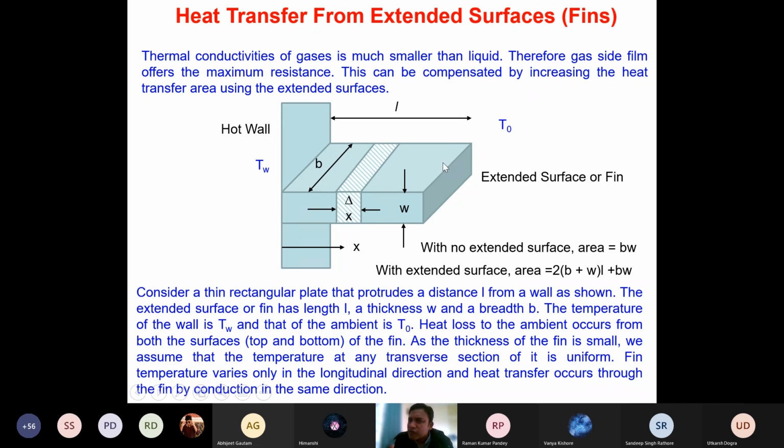That will be the driving force, isn't it? Do you all agree? And that driving force is decreasing as I move along the longitudinal direction. So that means what? My heat flux is also varying as I move along. Do you all agree? Yes, sir.